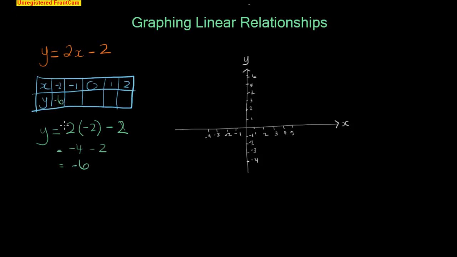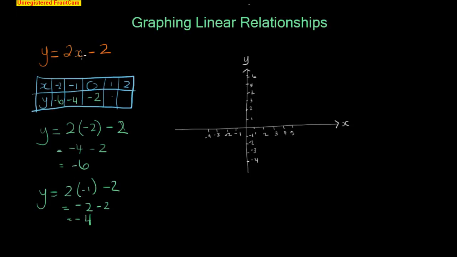So the next one, when x is -1, y is 2 times -1 minus 2. So 2 times -1 is -2, minus 2 becomes -4. So 0 times anything is 0. 0 minus 2 is -2. So you can see these are going up by 2.